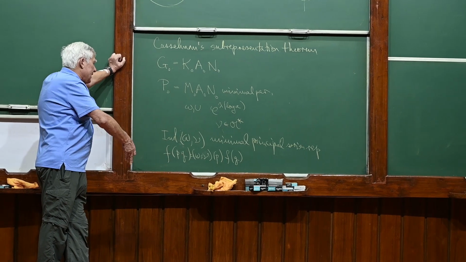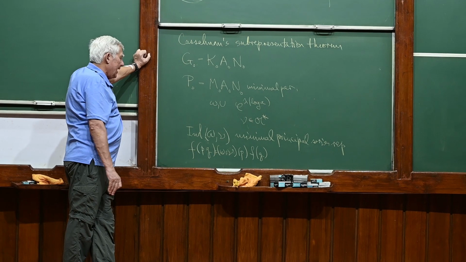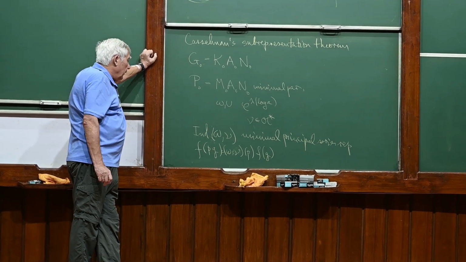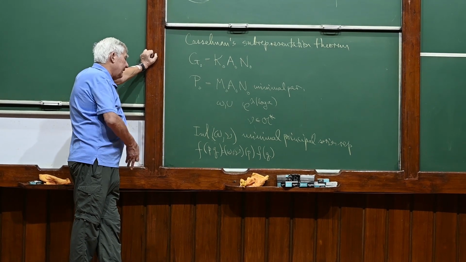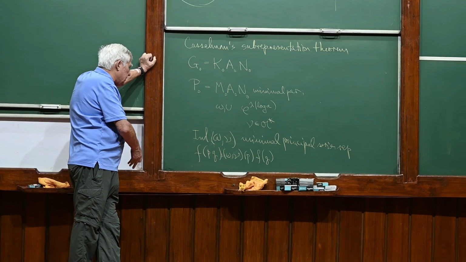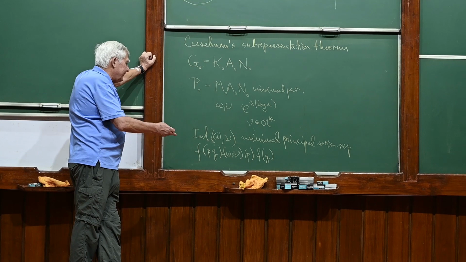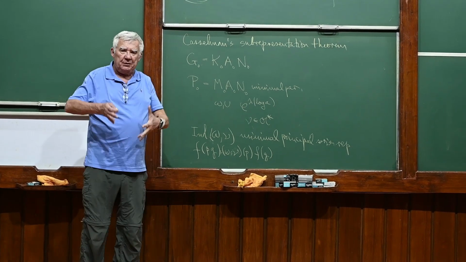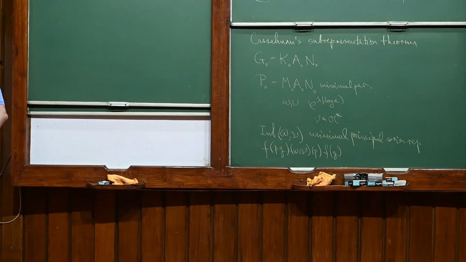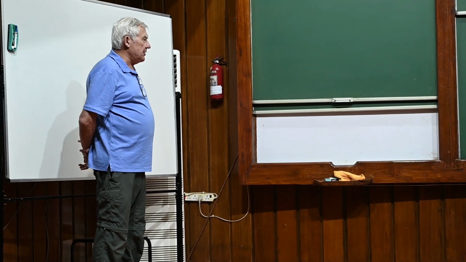And the group G acts on this induced representation by right translation. So the point is that if I take smooth functions on G with this property, or something else, I always get the same K-finite vectors, and I get the corresponding Harish-Chandra module.